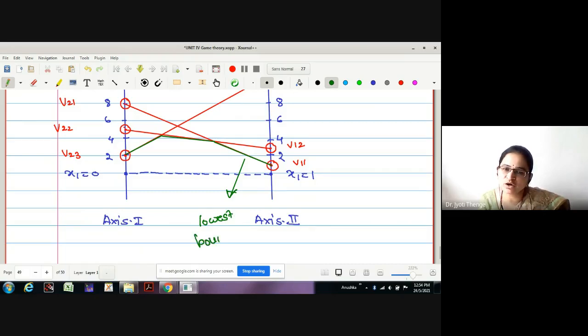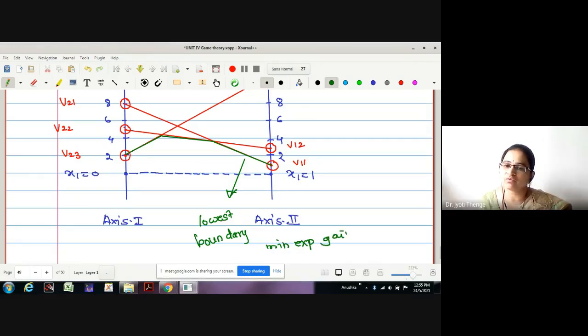Why are we finding the lowest boundary? Because our aim is to find the minimum expected gain. Every straight line is giving us an expected gain for the different values from x1 equal to 0 to x1 equal to 1, and for this combination we are finding the minimum. Therefore, we are discussing only the lowest boundary. Once we find the lowest boundary, this will be the minimum expected gain.